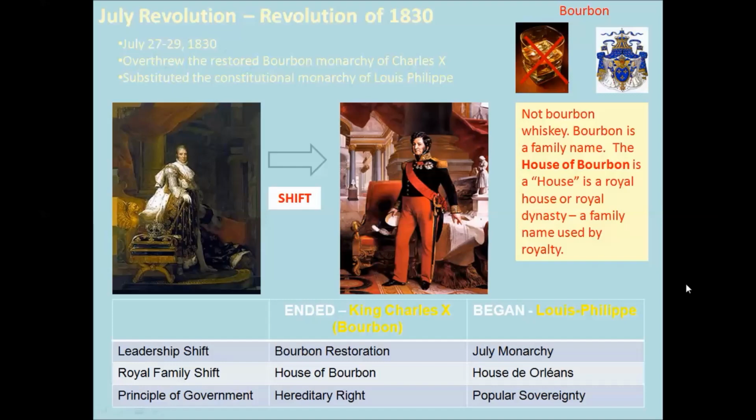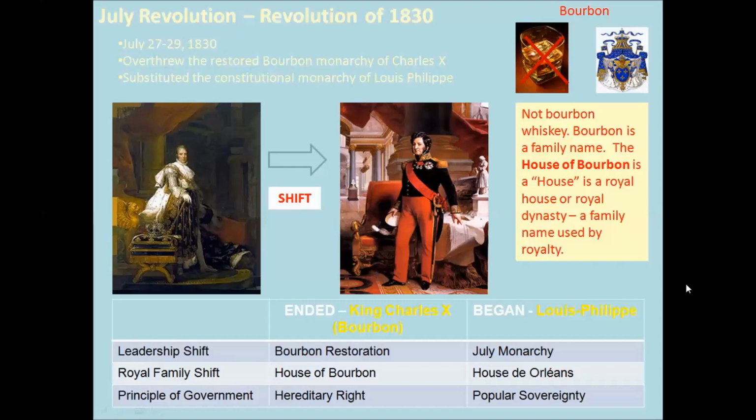So Louis XVIII dies, and now you have somebody named Charles X, and people don't like him. Also, now you've got a hereditary ruler, this guy's taken over just because he's the next closest relative. And people are not liking that.